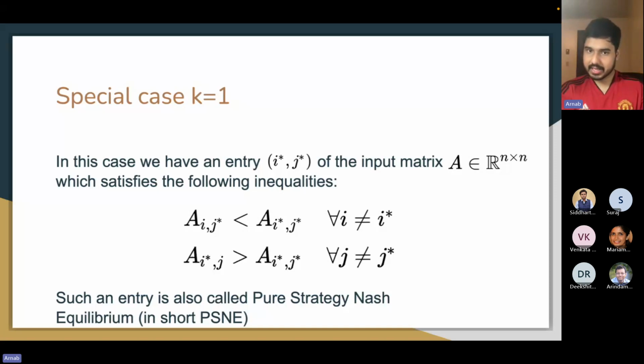If I give you an entry i star j star, you can just check the elements in its row and its column and verify very quickly whether it is a pure strategy Nash equilibrium, PSNE in short. But to find it in similar time, we need some clever algorithm, and that's what we are going to design.